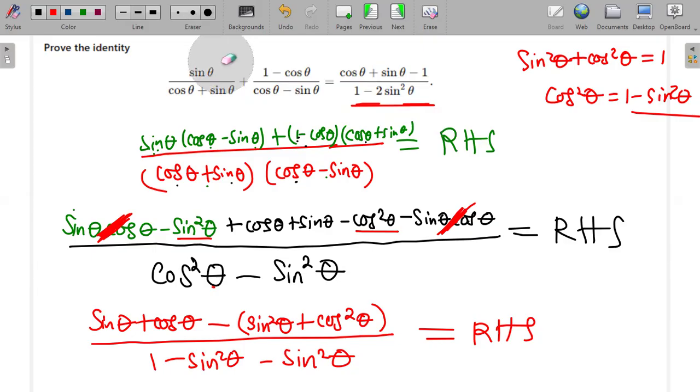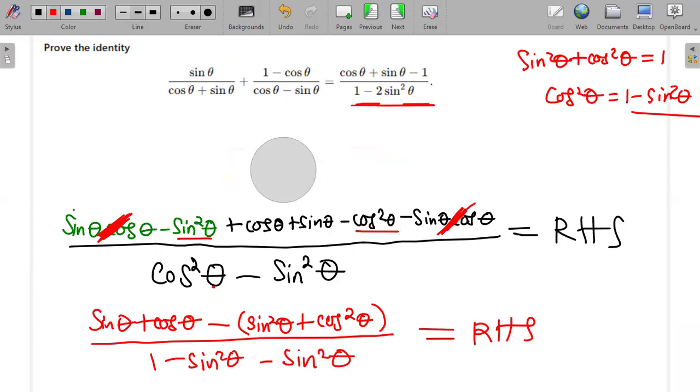From there, what are we going to do? We're just going to see that we've actually proved the identity here, because what I have here, I can just write in the way that they want because addition is commutative. So I'll start with the cos. So it will be cos theta plus sine theta, and then this one will be minus.